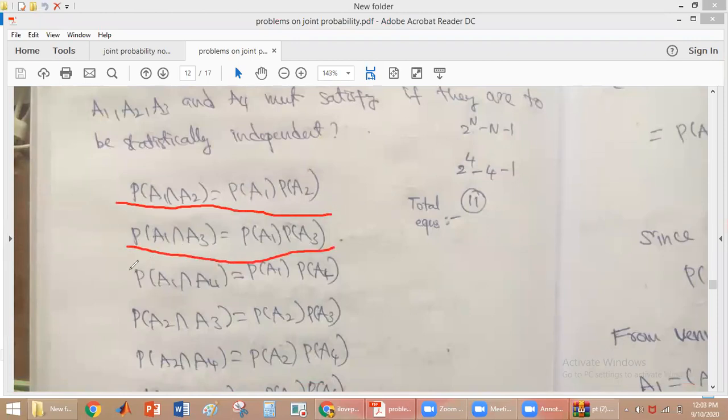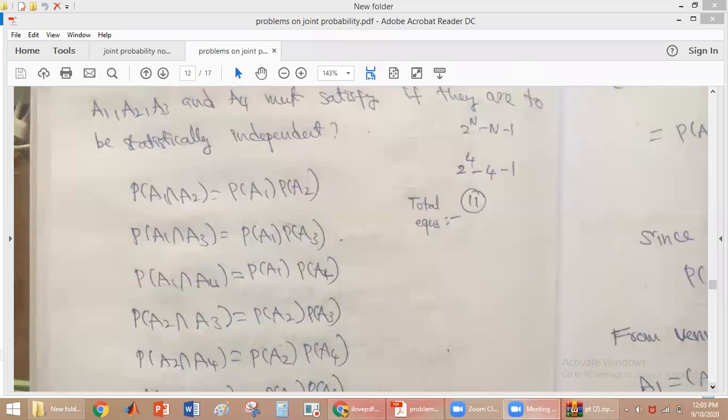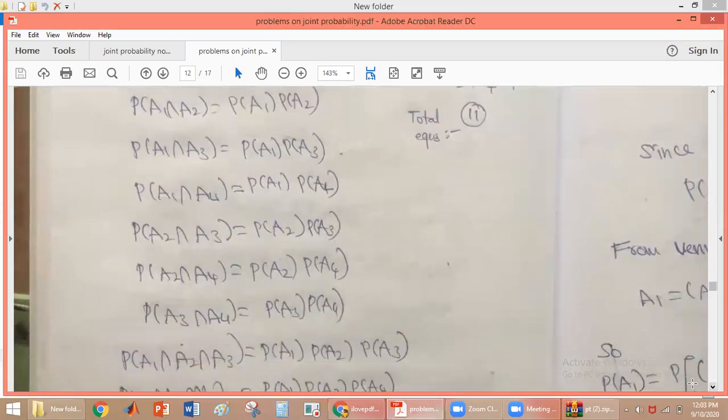We have to check that the events are independent by pairs: A1 A2, A1 A3, A1 A4, A2 A3, A2 A4, and similarly A3 A4. So the events should be statistically independent by pairs.